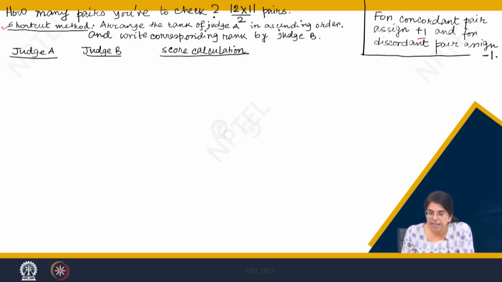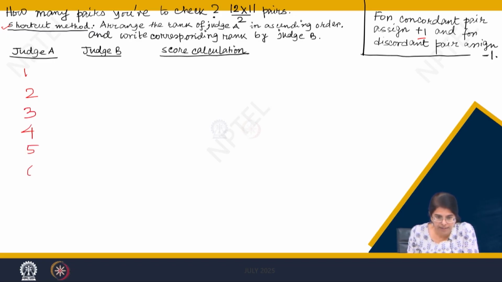Clear? Only you have to check the y figures. So let us do that. It will be more understandable if I write it. 1, 2, 3, 4, 5, 6, 7, 8, 9, 10, 11 and 12.